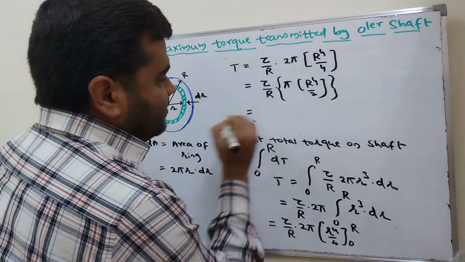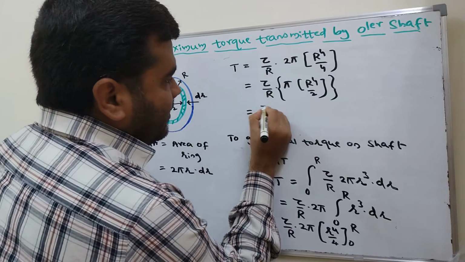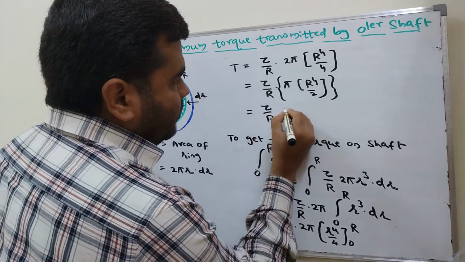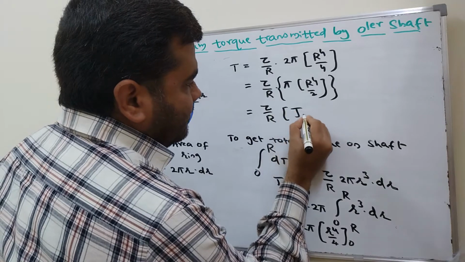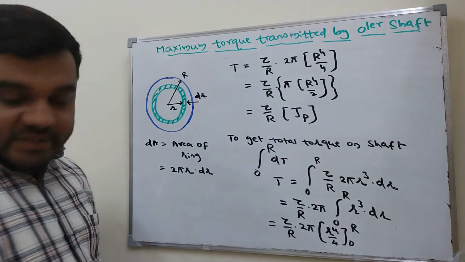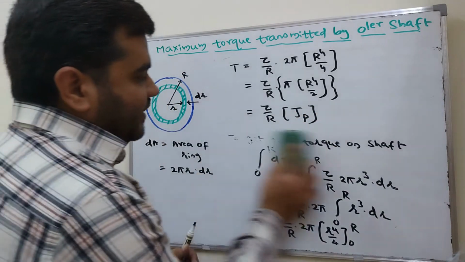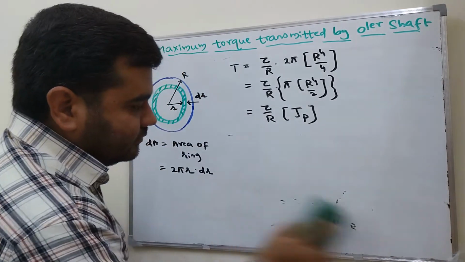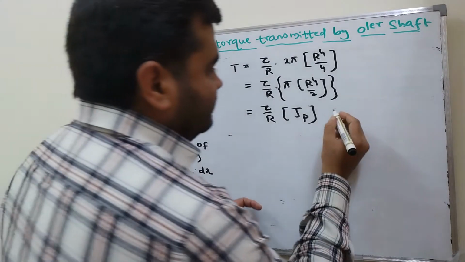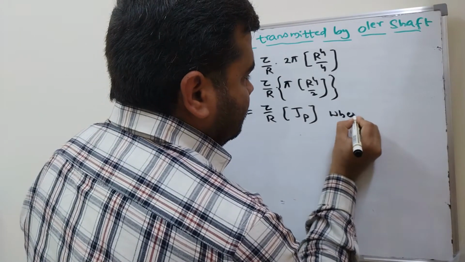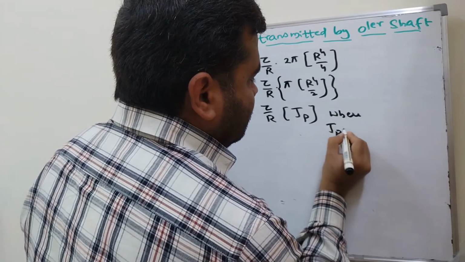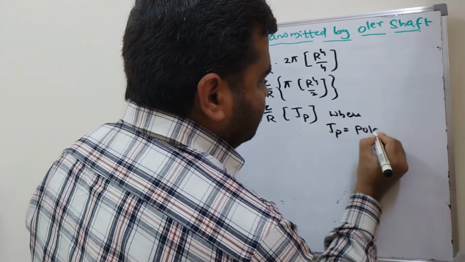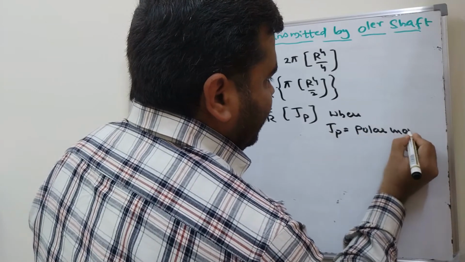So tau by R equal to Jp. What is Jp? Jp is the polar moment of inertia, where Jp equals the polar moment of inertia.